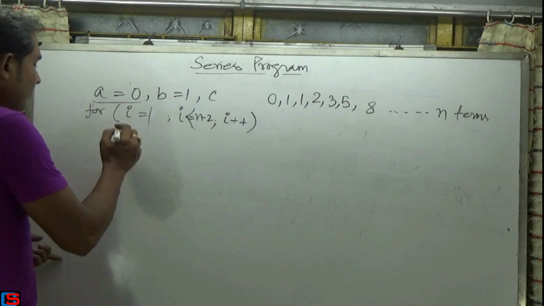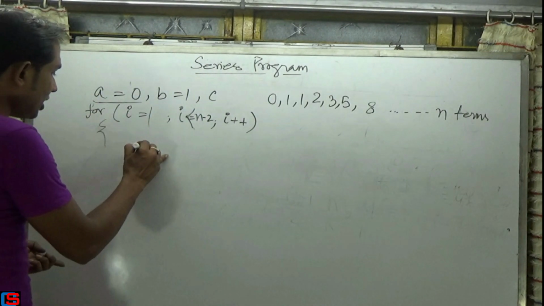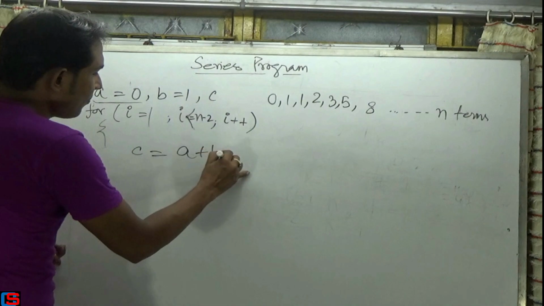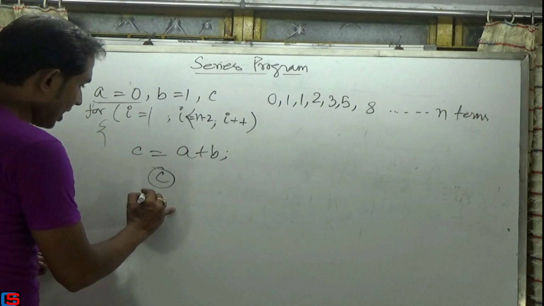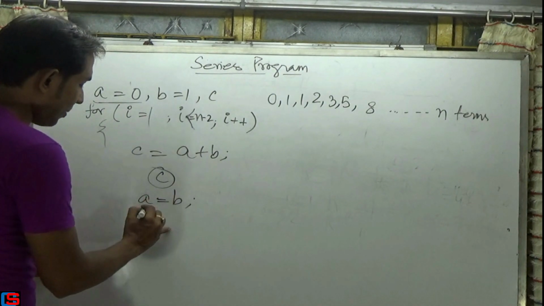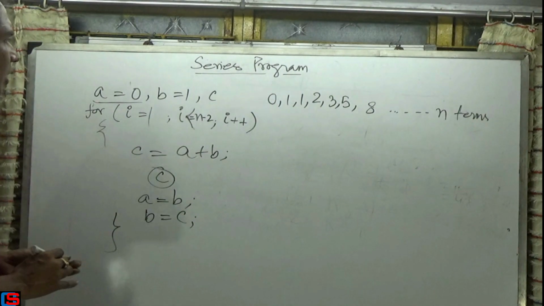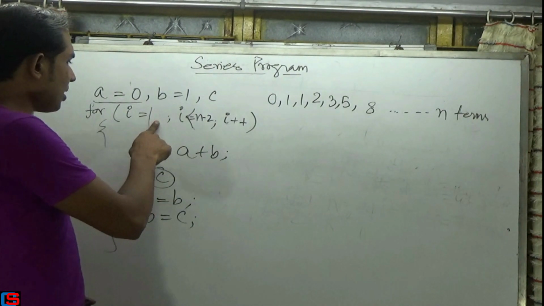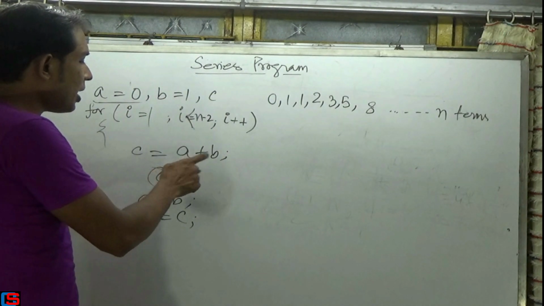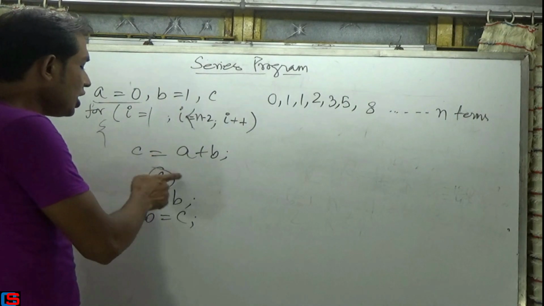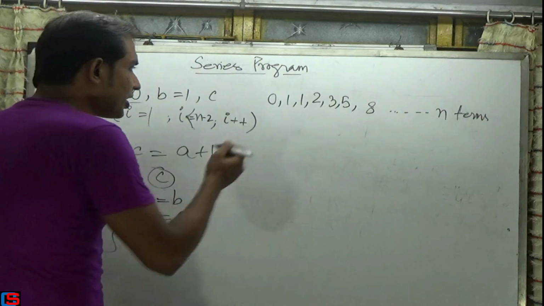Now inside the loop I write c equals a plus b, then print c, and then a equals b and b equals c. So the first time, a and b are printed before the loop, then c equals a plus b, 0 plus 1, so c becomes 1 and c is printed, so this third term is printed.